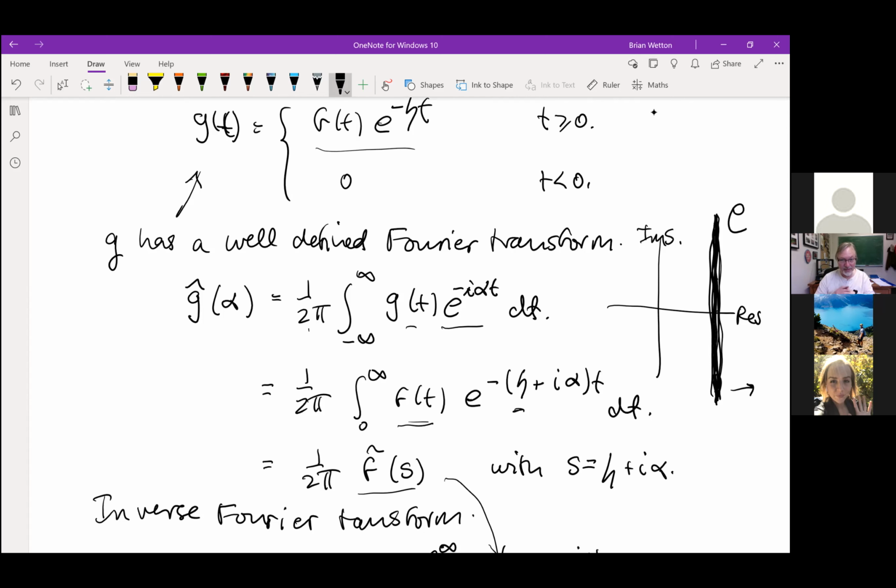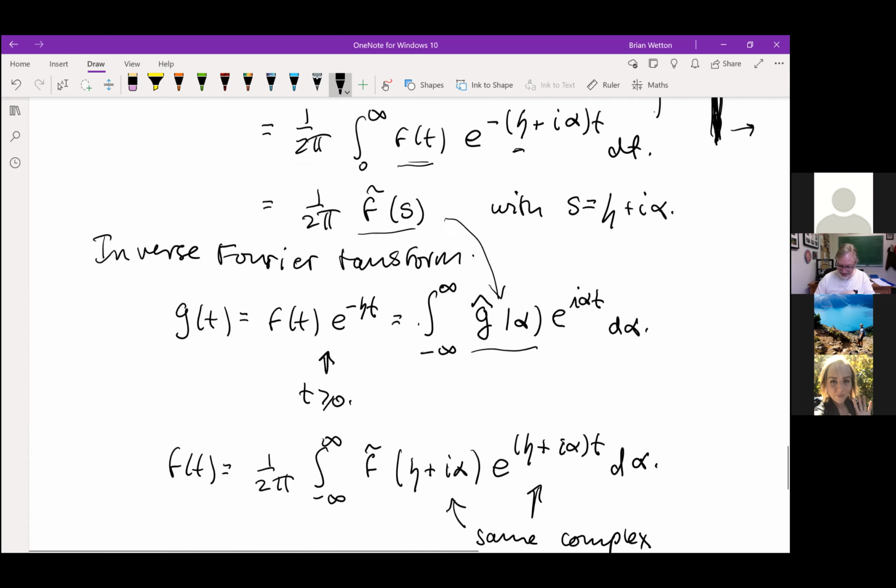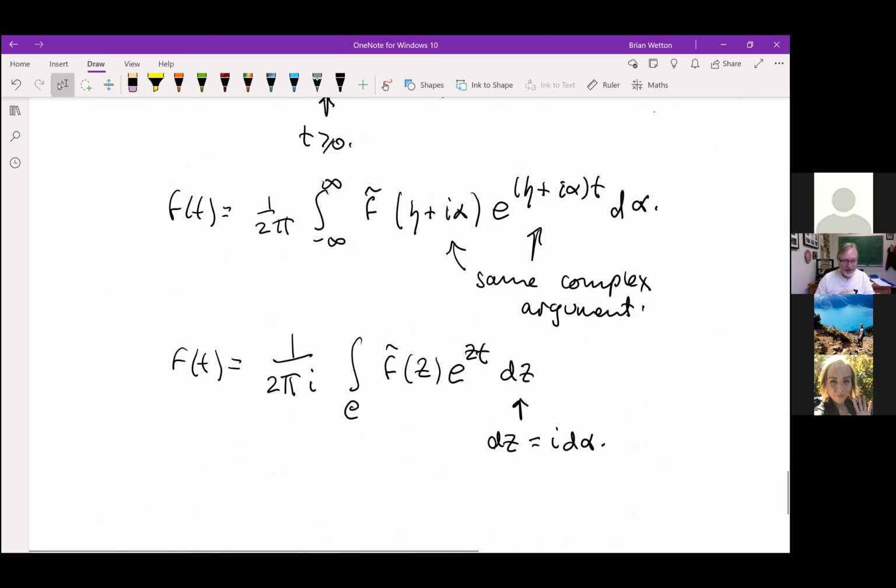This is why the Laplace transform is only defined for functions that have bounded exponential growth at worst, right? And then if you want to do the inverse transform, then you do this contour integration on that.